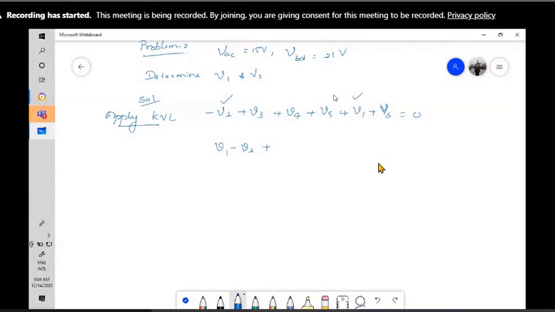Same procedure: you can assume a loop current I and then travel along that direction, and write this equation based on whether there is a voltage drop or a voltage rise. Now we get 15I is equal to 0. From here you can obtain a relationship between I and V1 minus V2.